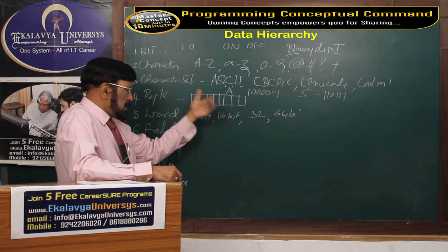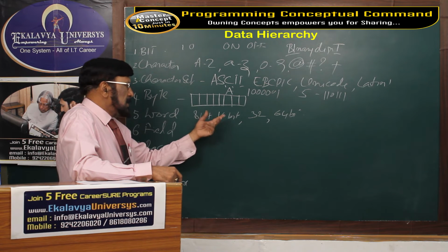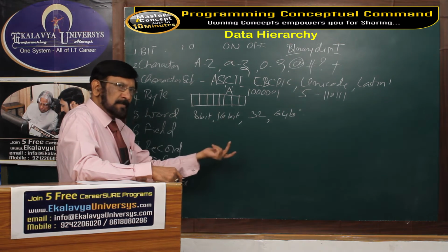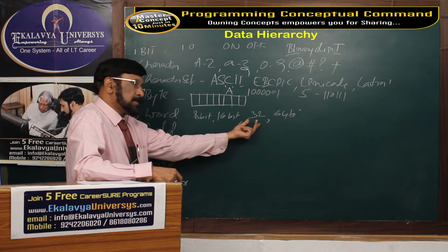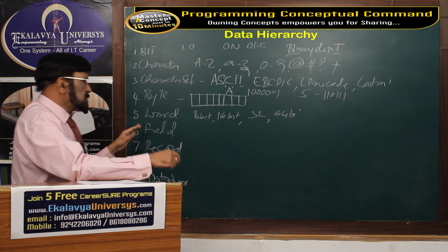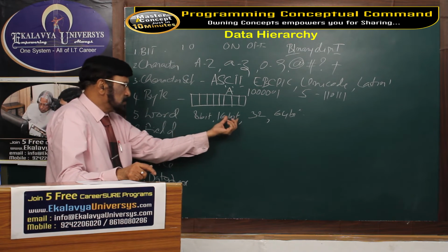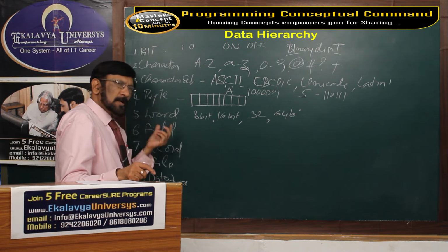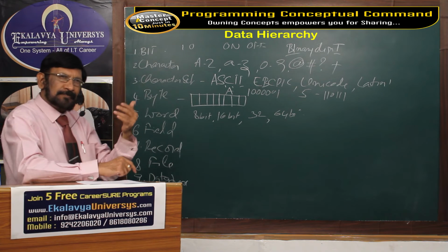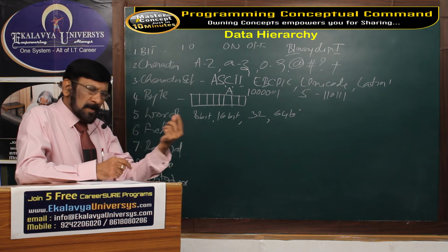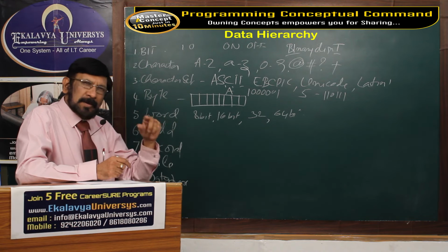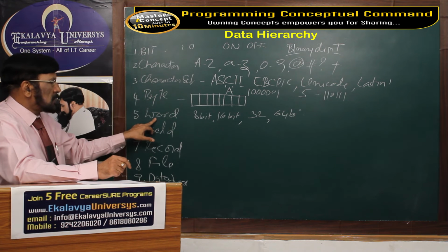A better one processes 2 bytes, 16 bits at a time. Other one 32 bit, other one 64. In this way, the processor speed is measured.